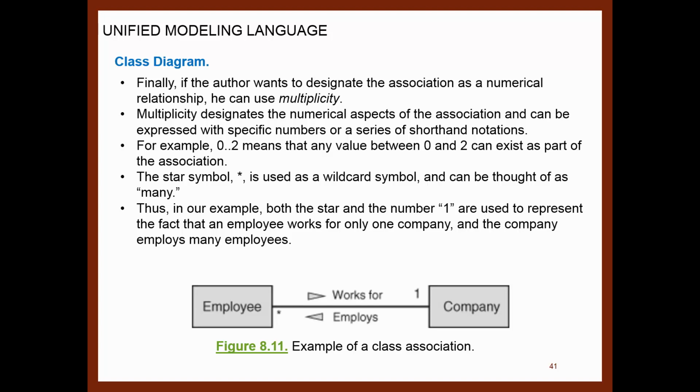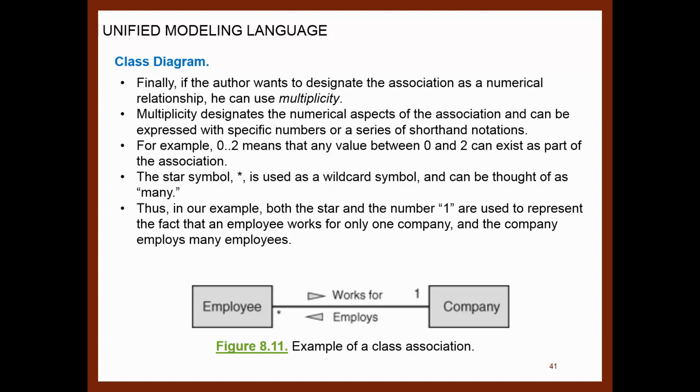Finally, if the author wants to designate the association as a numerical relationship, he can use multiplicity. Multiplicity designates the numerical aspects of the association and can be expressed with specific numbers or a series of shorthand notations. For example, 0..2 means that any value between 0 and 2 can exist as part of the association.